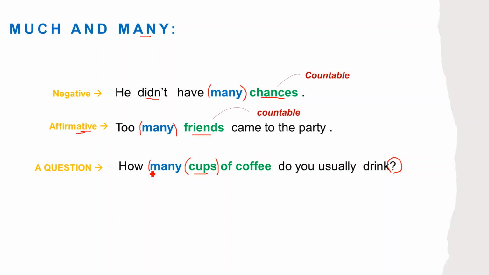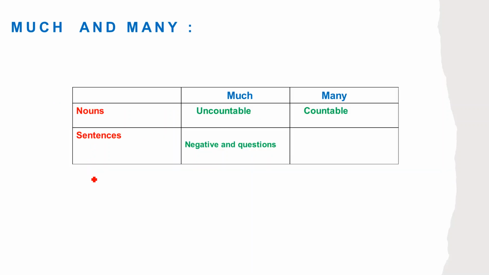And also we use the word many with the countable nouns, okay, in the question sentence بجملة السؤال. إذا مرة أخرى كلمة many تستخدم مع الأسماء المعدودة plural في صيغة الجمع, في حالة negative وفي حالة affirmative and also in the question.